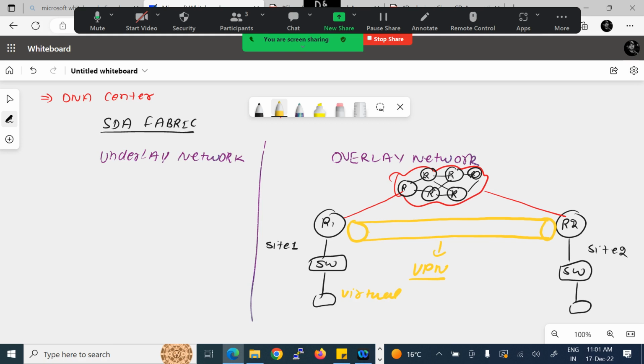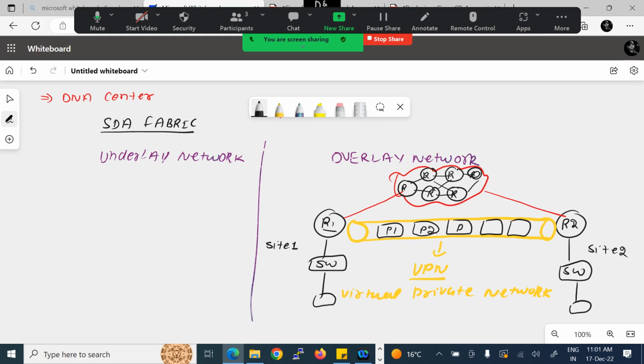VPN stands for virtual private network. Virtual private network means that you are able to send traffic from this R1 to R2 securely, but it doesn't mean that you have direct physical connectivity.